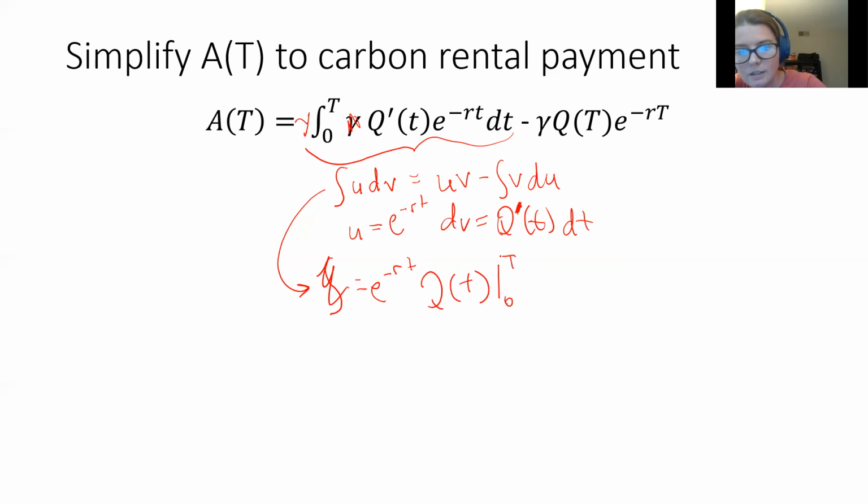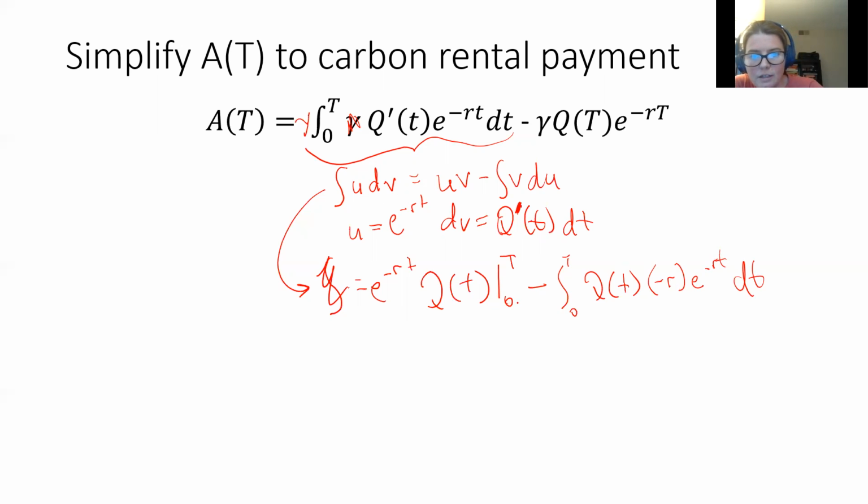And we have to evaluate this thing from 0 to cap T because that's what our integral is doing. And then to finish off our integration by parts, we're going to integrate from 0 to T our v, which is just q t, times du. So we need to take the derivative of our u term. The derivative of this thing is just negative r times e to the negative rt dt.